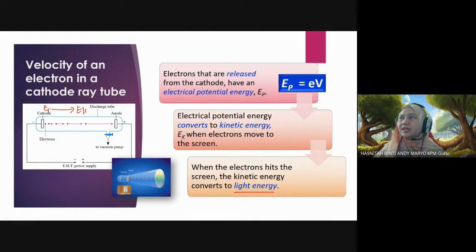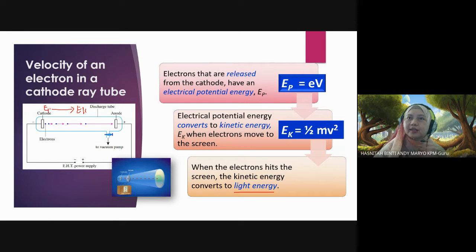So here, what happened? The electrical potential energy is given by this formula: E is the charge of one electron, and V is the potential difference. And the kinetic energy is half mv squared.